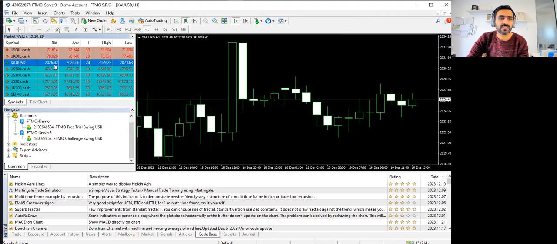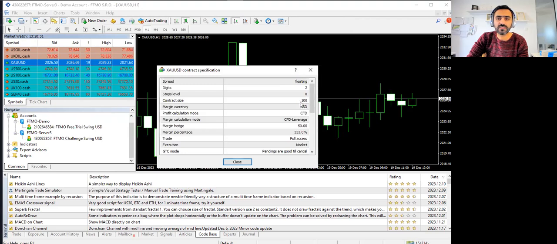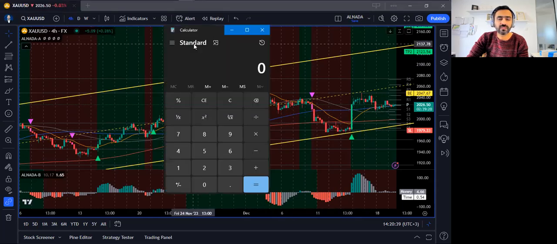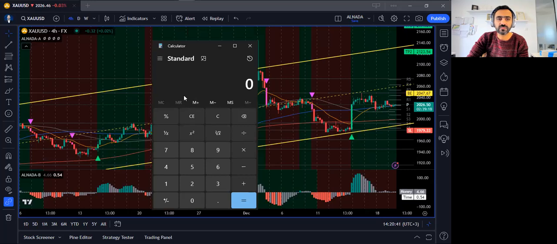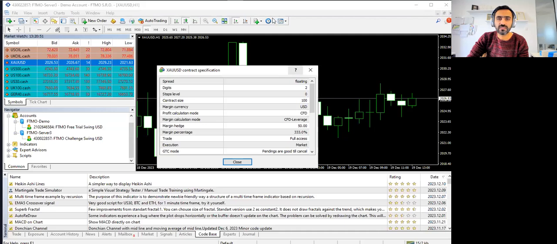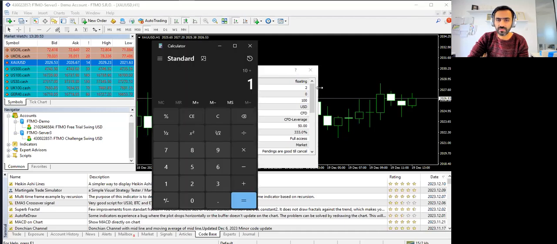Since we have 100 here, in order to take this trade, I need to bring the calculator and write. The trade tells me to buy 10 ounce, 9.9, which means 10 divided by the contract size, 100.